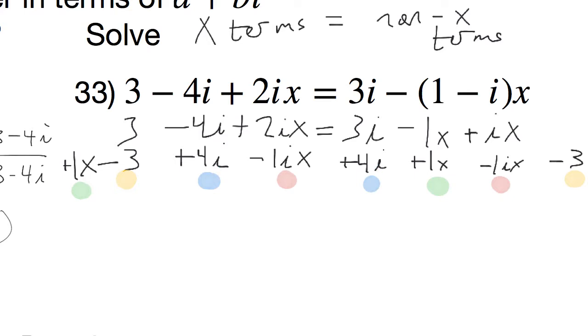And then subtract 1ix so that we can move it to the left. And when we do that, we get 1x plus 1ix is equal to 7i minus 3. Everything else cancels.